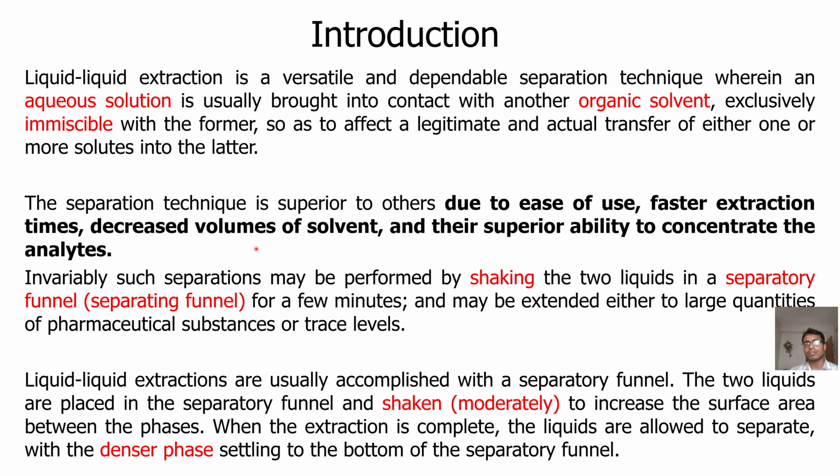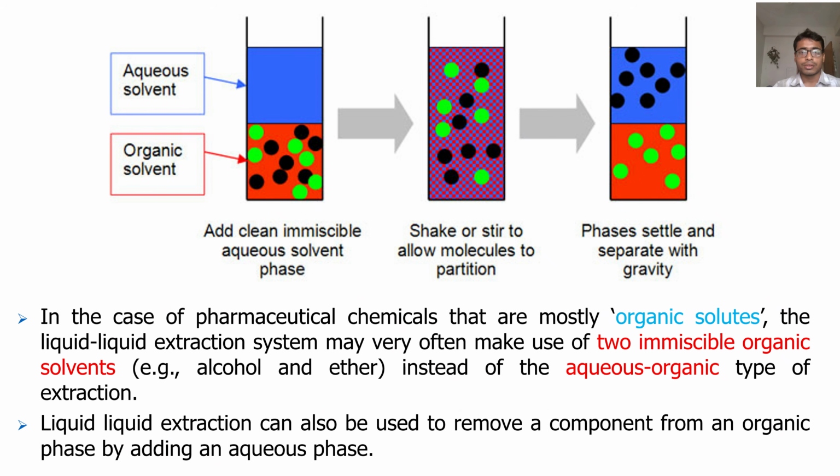So this is the overall rationale for undertaking liquid-liquid extraction, because this is the very beginning step of analyzing phytochemistry, or having separate fractions of our extracts. You can see here, as I have told you earlier, for example, an aqueous solvent and an organic solvent.